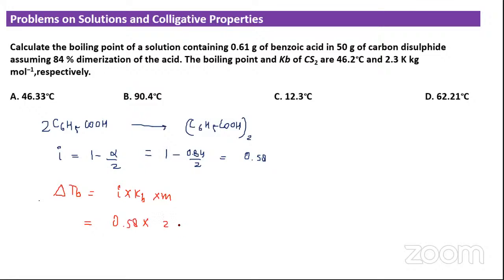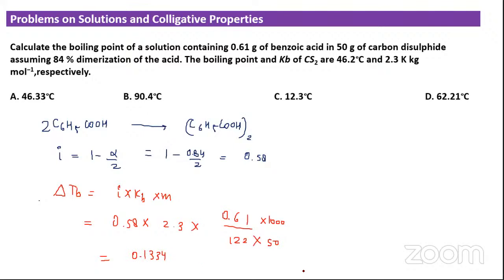Kb is given, Kb कितना है, 2.3. Molality, let's do it. So weight of solute is 0.61 divided by molar mass of solute, into solvent का mass कितना है, 50. So उसको kg में convert करेंगे. ठीक है. That's all.